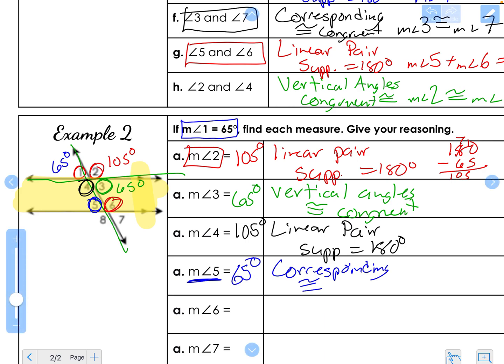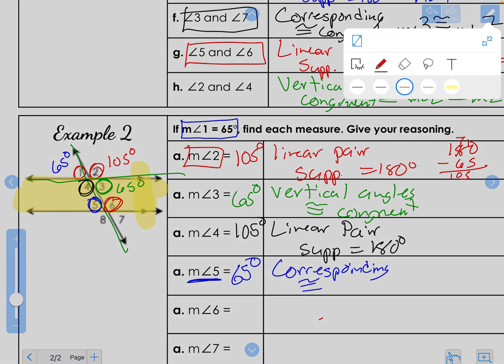Now let's look at angle 6. Angle 1 and 6 do not have any relationship. They're not vertical angles, they're not a linear pair, they're not corresponding, they're not both interior, and they're not both exterior. So I'm going to have to use another angle relationship to help me figure out what angle 6 is. And I can figure that out in a bunch of different ways. I'm going to choose angle 4.